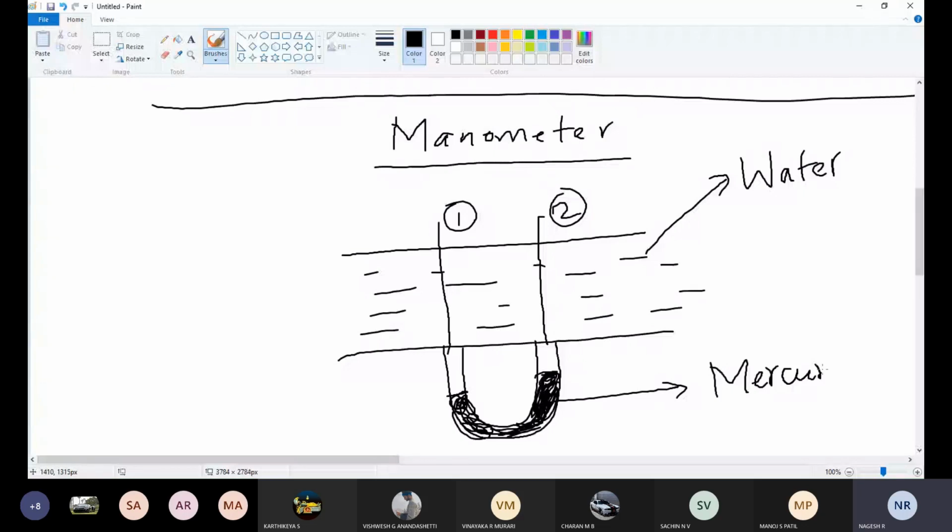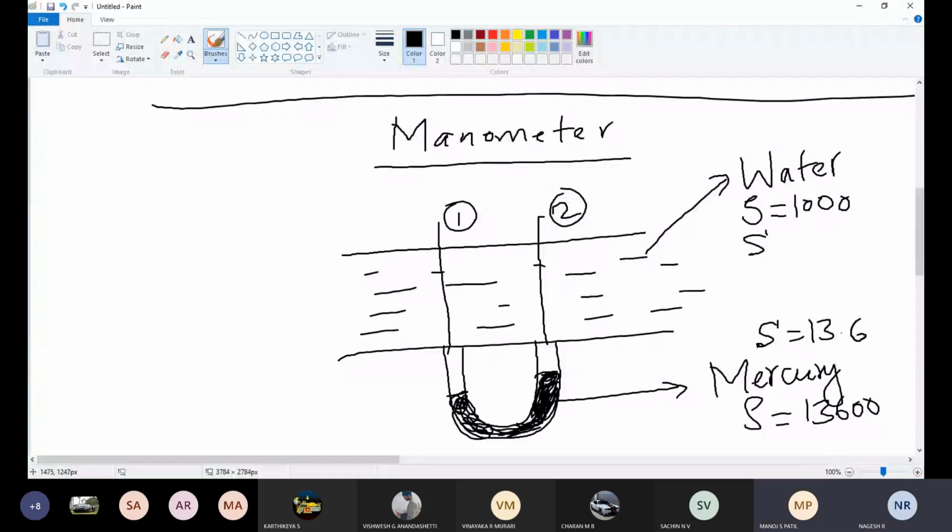What is the density of mercury? 13,600. Or specific gravity: what is the specific gravity of water? 1.